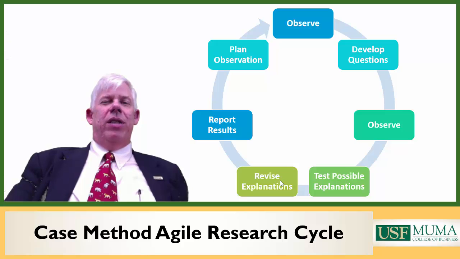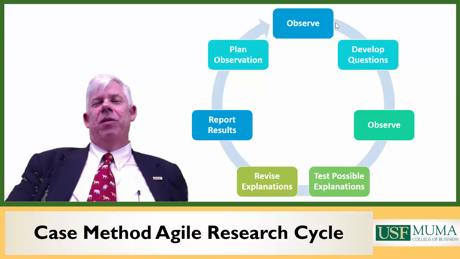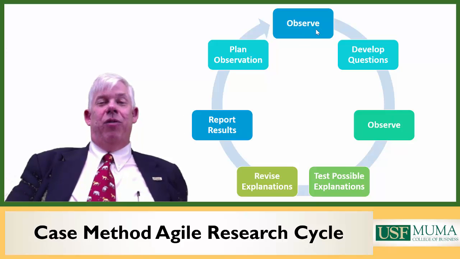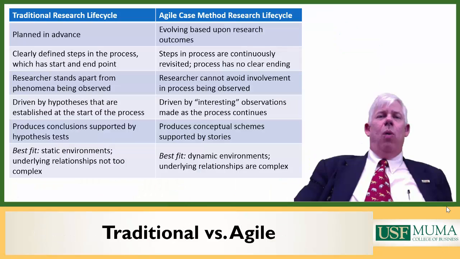While this type of cycle may not be the best for the generation of theory, it can be a very useful cycle for the generation of interesting observations, because you're constantly adapting based upon what you find. While I would certainly not argue that this type of agile case method research is good for everything, I do think that there are times when it may be preferable to traditional research.